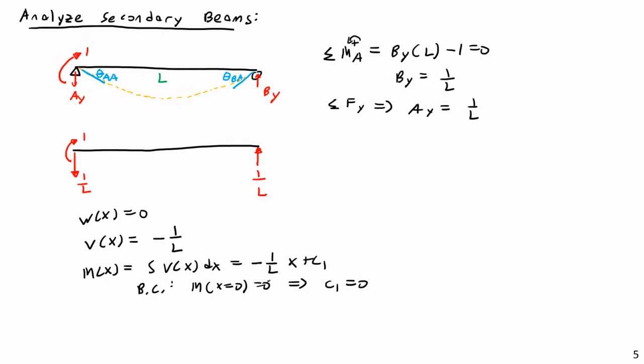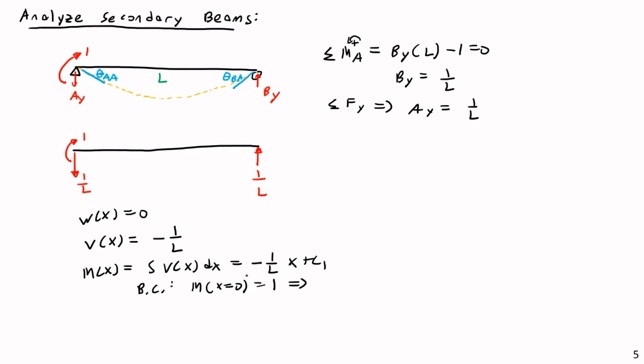Oh, actually no. Sorry about that. That is not correct. The moment at A is not 0. It is actually going to be equal to 1. Because the moment diagram is not going to start off at 0. It's only 0 on a pin support if there is no couple present on the left-hand side or at the location of that.